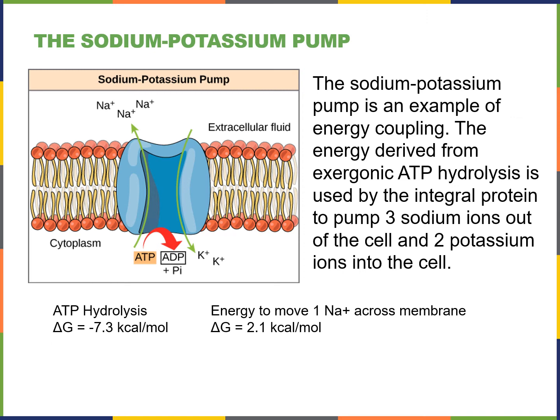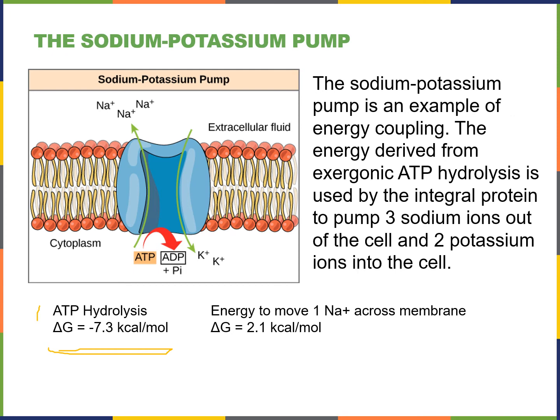So let's talk about a potential quiz or a test question now, and let's make this applicable. 1 ATP molecule's hydrolysis releases 7.3 kilocalories per mole of energy. Okay, so this is 1 ATP molecule's hydrolysis.